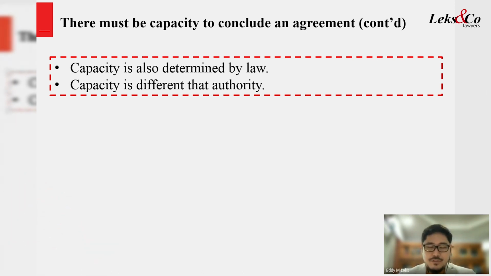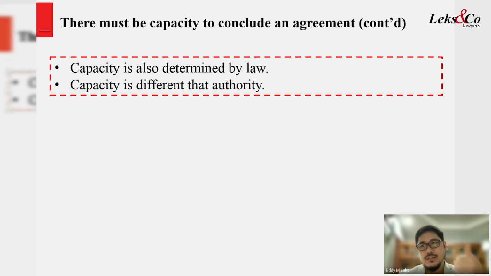For example, I don't know whether you have studied company law or not, yeah, but you will find if you study the company law, there is a provision under the company law that when the director gives power of attorney to someone, the power of attorney should be made in writing and should be made on specific matters only.